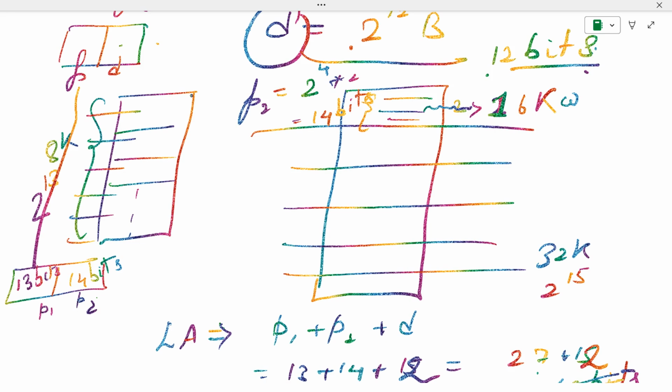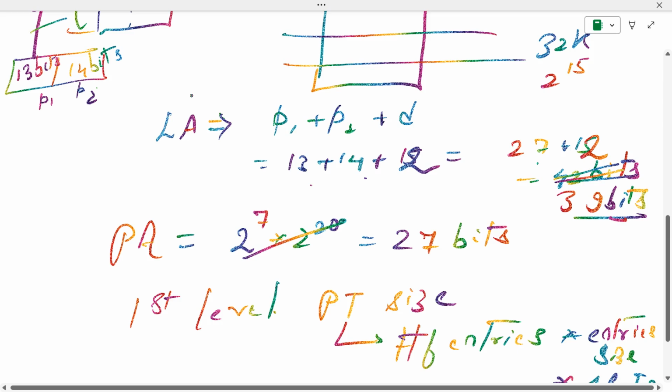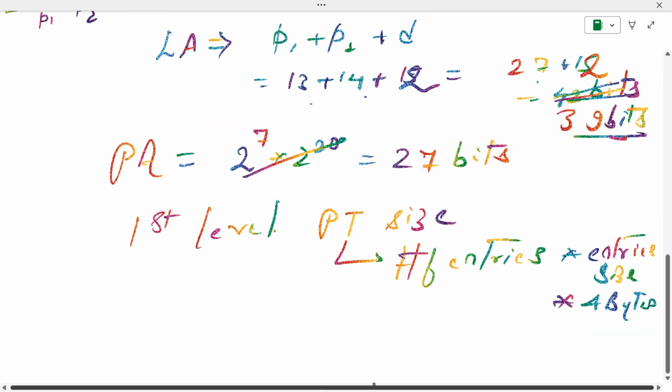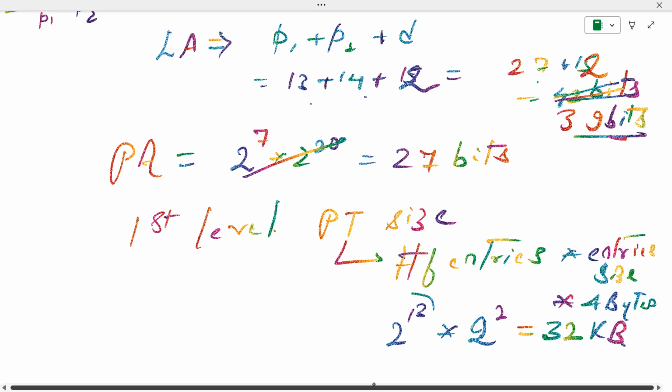So we have divided this page table into 8K pages, right? So it is 2 raised to the power 13. So the total number of entries is 2 raised to the power 13 into 2 raised to the power 2, so it is altogether 32 KB. Because 2 raised to the power 13 is the total number of pages into which the page table has been divided.